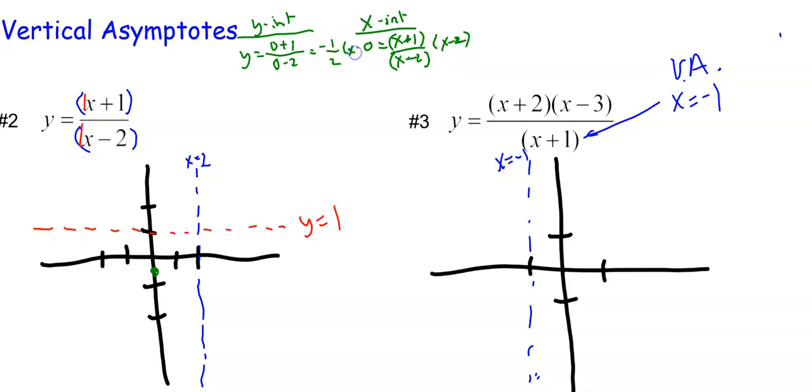And 0 times anything is 0, so that's just going to go away. On the right-hand side, you have x plus 1. So we have x equals negative 1. So it looks like there's an x-intercept at negative 1 right there. That's the only two spots the graph can cross the x-axis here.